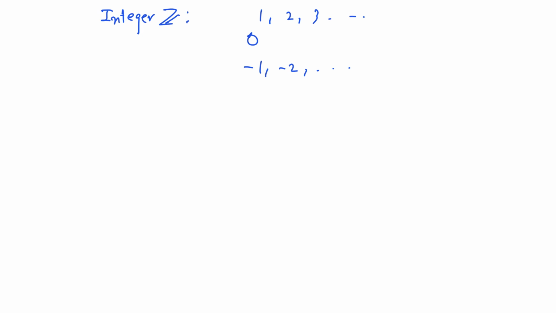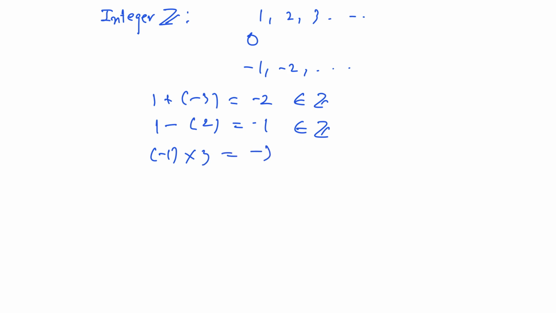And you can add them together. 1 plus -3 is -2, which belongs to integers, right? Likewise, you can subtract, and -1, -2 again belong to integers. You can multiply: -1 times 3 is -3, which belongs to integers.